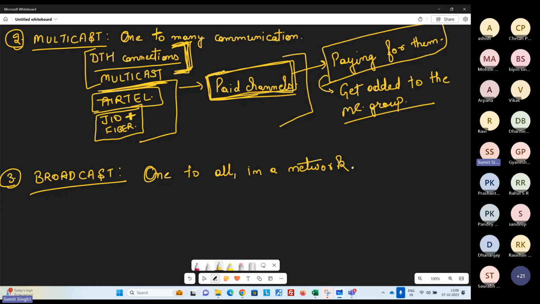When we discuss more about routing, you will get this. There is nothing called one to all in real time. If I say I am initiating something and it will go to all the users on the planet, no, that's not possible. It's practically impossible to achieve. But broadcasting is one to all, within a network.